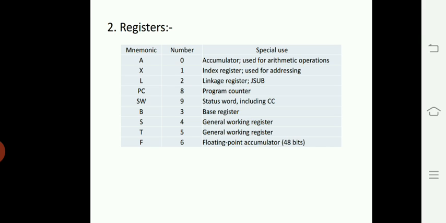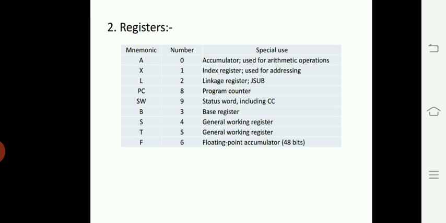The JSUB instruction stores the return address in the linkage register. The next register is the program counter register, whose number is 8. The program counter register is used to store the address of the next instruction to be executed.